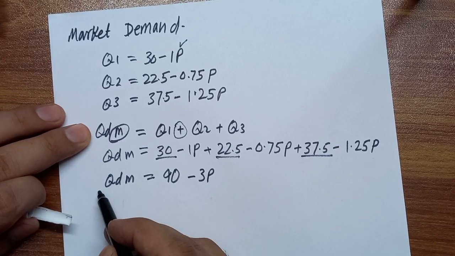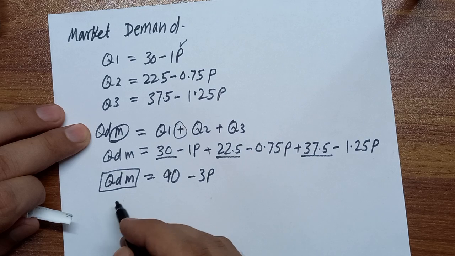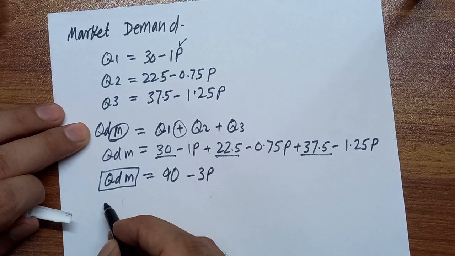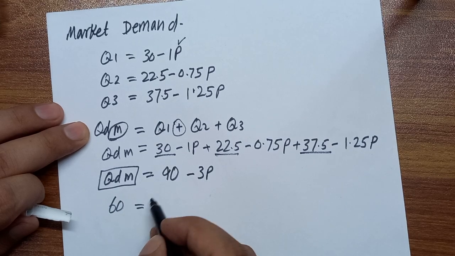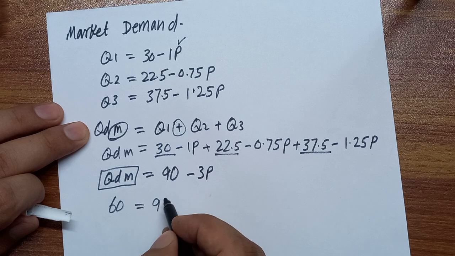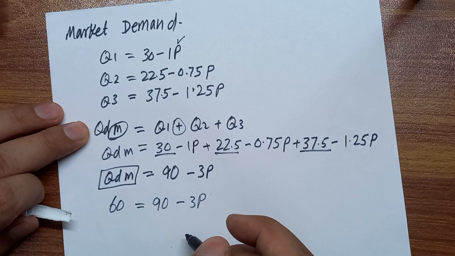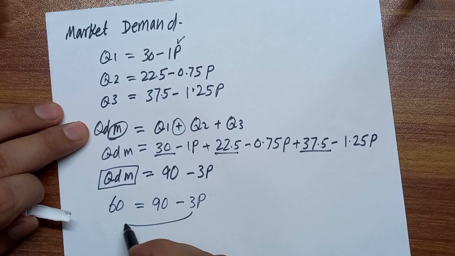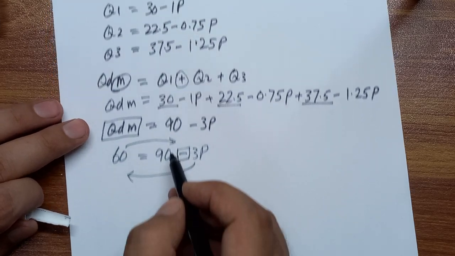In the question we also have the value of quantity demand of the market. The quantity demand of the market is 60 in the question, and 90 is in its own place, and minus 3p. Now I will shift this to the other side because it is minus. When we shift to the other side, it will be plus, and this constant we will shift to the constant side.